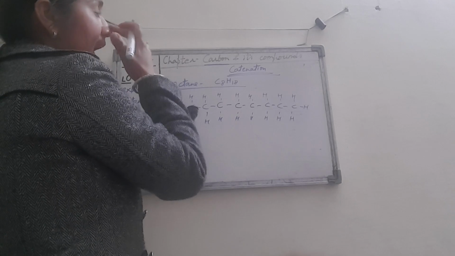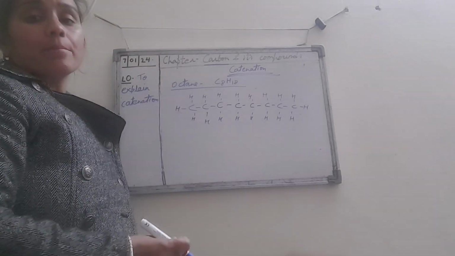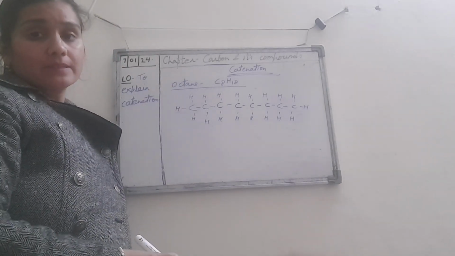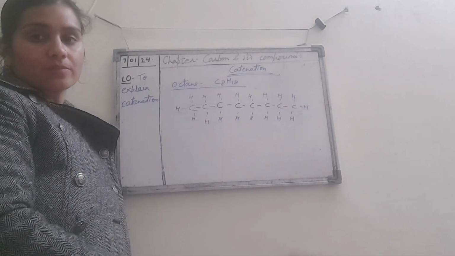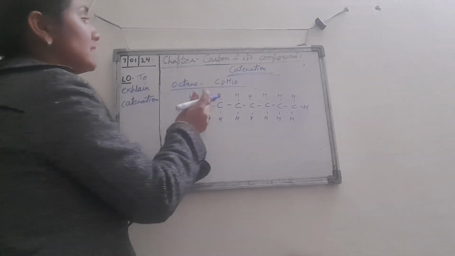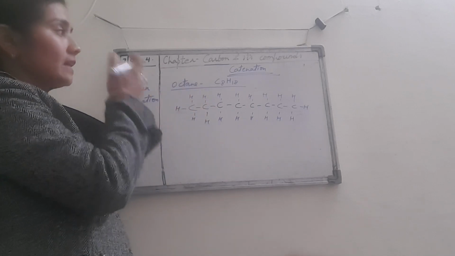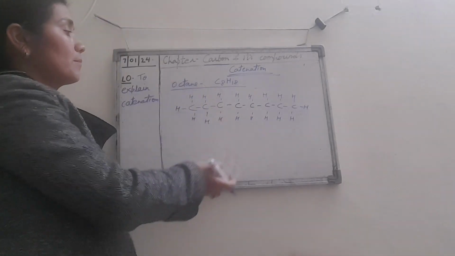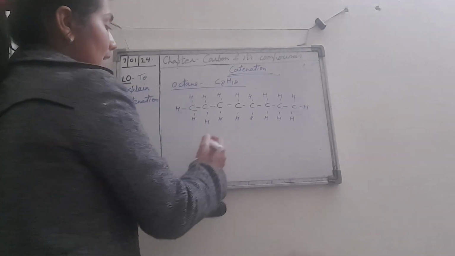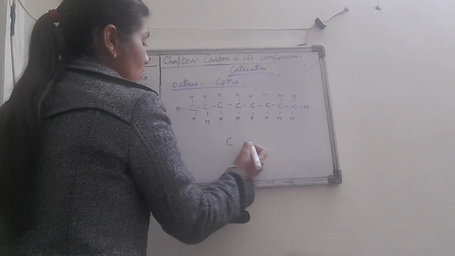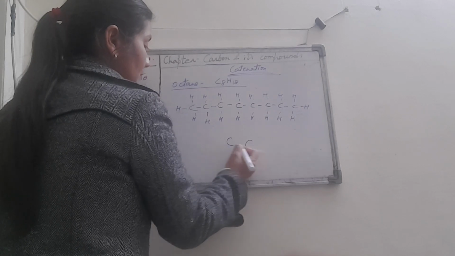So carbon has the property to make a long chain of carbons. That is, this property is called catenation. Now, why this catenation property is shown by carbon? I tell you the reason. Again, suppose there are 2 carbon, right?